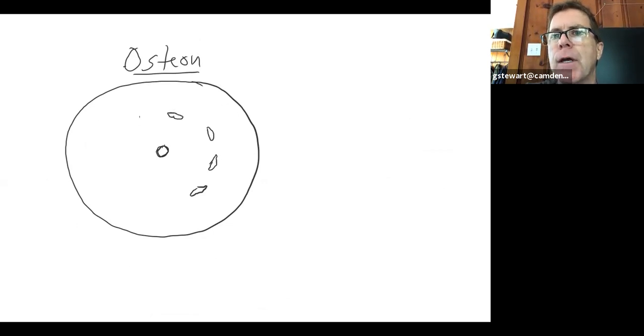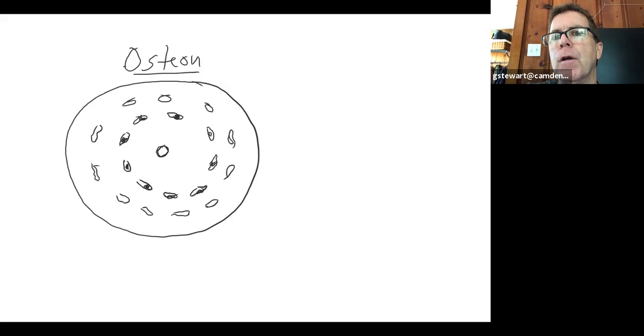And they grow in a circular pattern, like this, sort of around the central canal. And inside of each one of these cavities is a living cell. And they would just keep growing in a circular pattern, like this. And there would be a cell in each of these.